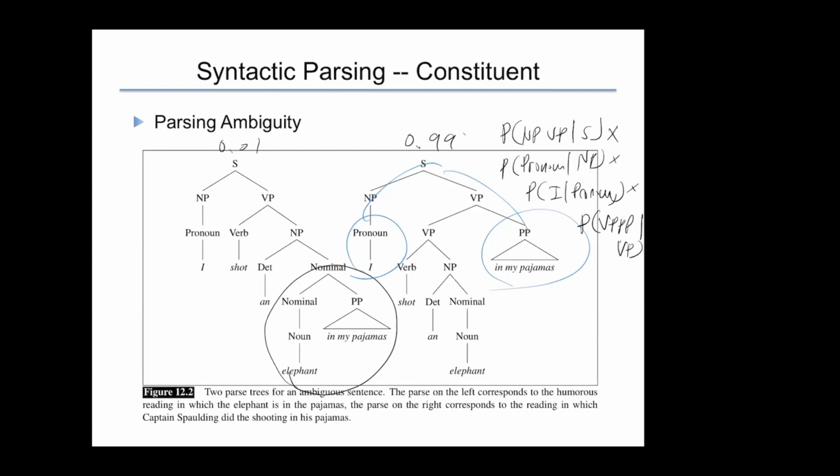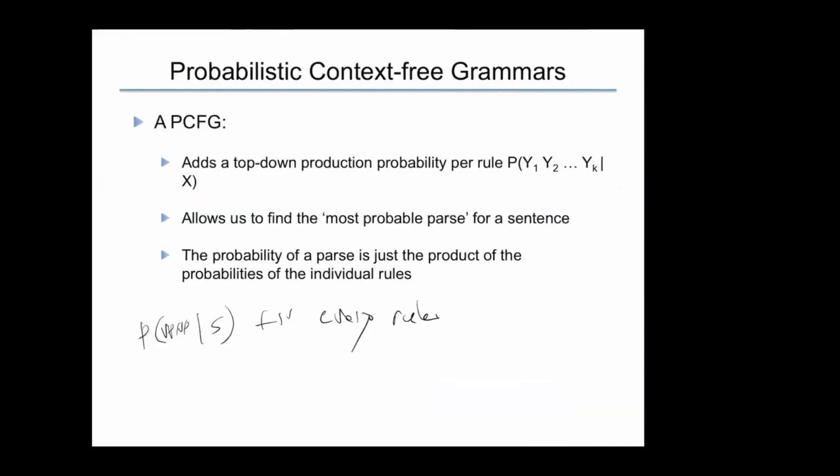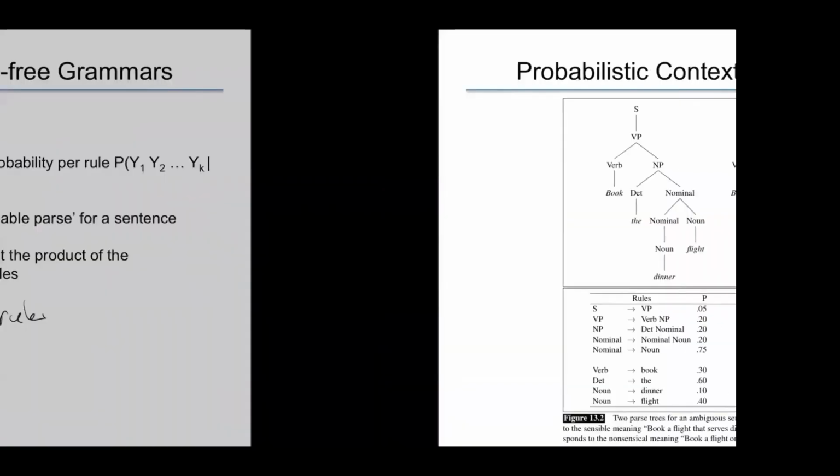Okay, I'm running out of space, and you get the point, hopefully. So you just have to multiply all these individual probabilities of each rule to compute the probability of the final parse.